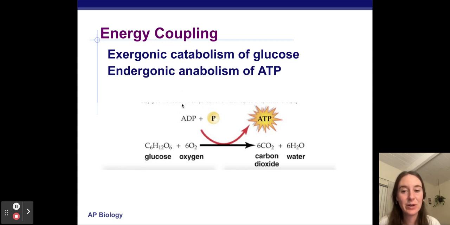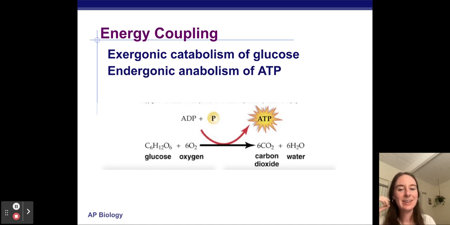This reaction requires energy. Remember, adenosine diphosphate is a more stable molecule than ATP. Why? Well, it's because adenosine diphosphate has two phosphate groups. Those phosphate groups are very unstable, but three of them are even more unstable, right? And so if you were to add on this third phosphate, it's kind of like that toxic friend or that toxic partner that when they get close, it just messes up the whole friend group.